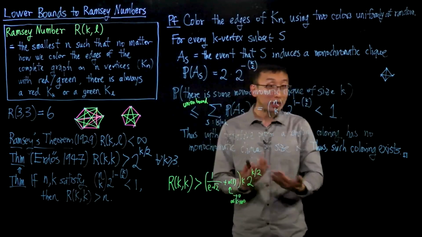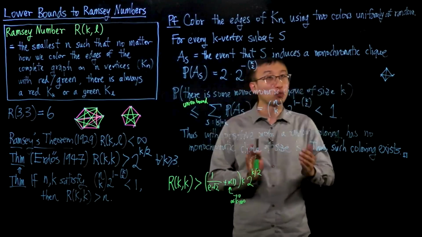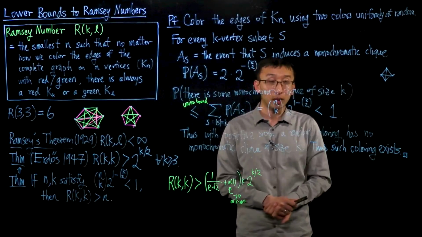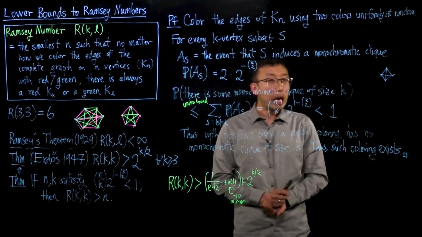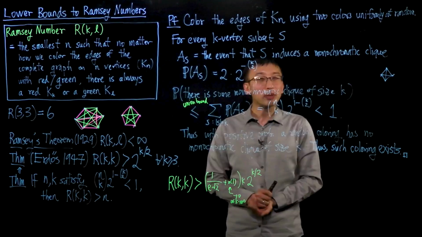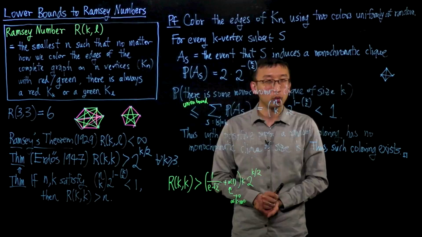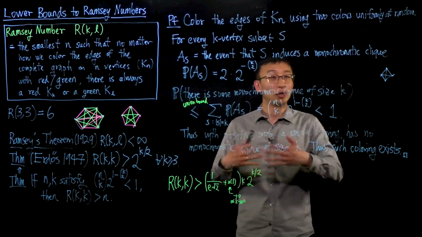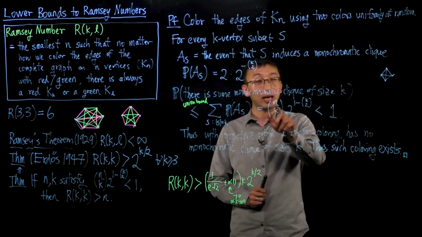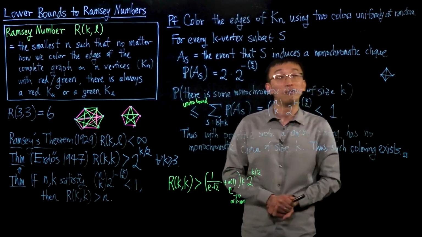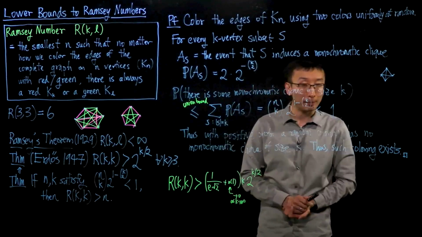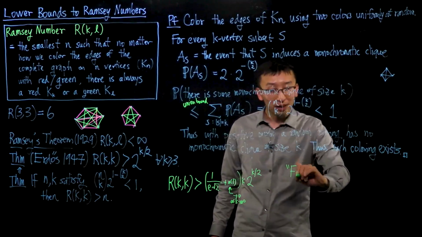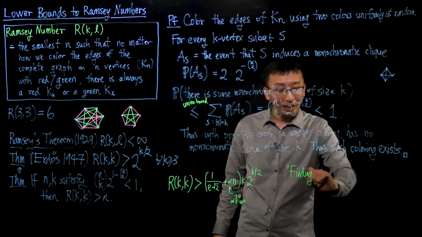So if you, for example, on a computer, flip these random coins and come up with this coloring, with very high probability, it will succeed. However, it will be very difficult to verify that you have succeeded, because the number of cliques that one needs to check is n choose k, which grows very quickly as a function of k. So this is a phenomenon that is sometimes called finding hay in a haystack.